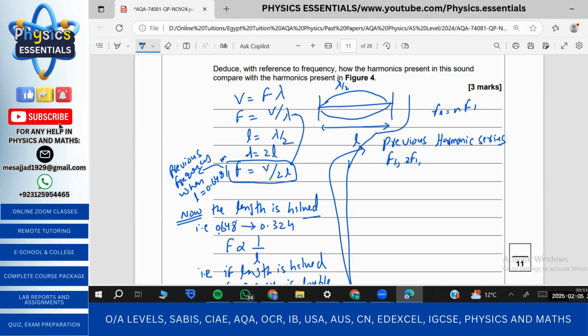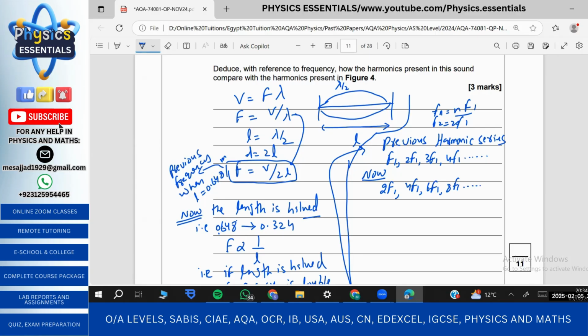So I'm just putting for 2, like F2 equals 2F1, something like that, okay? And so on. But now what series do you have? Now you have everything doubled. So your first one is 2F1, not simply F1. And your 2F1 has turned into 4F1. And your 3F1 has been turned into 6F1. And your 4F1 has been turned into 8F1.